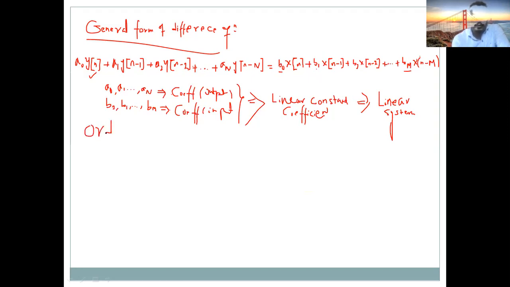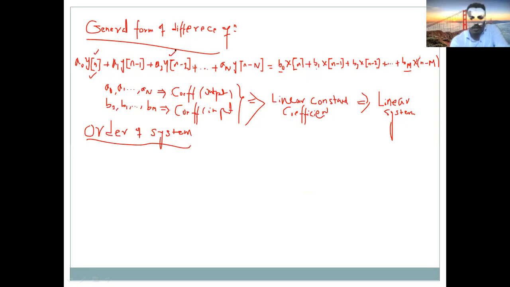What is the order of this system? The system can be first order, second order, third order, and so on. So when you see the output side, this is the output at present time. This is the output delayed by 1, the past value of output.